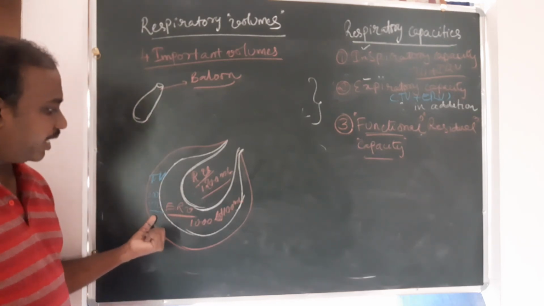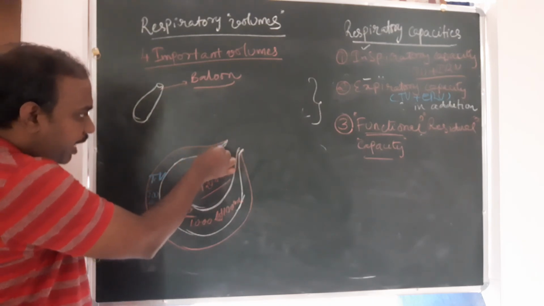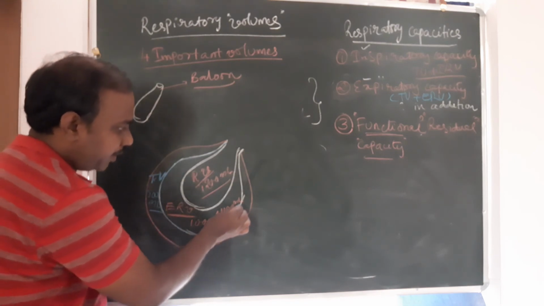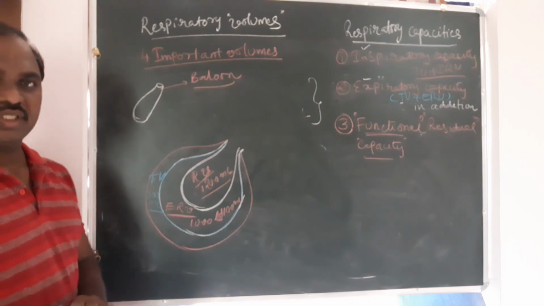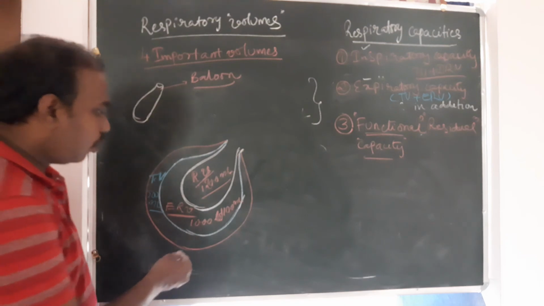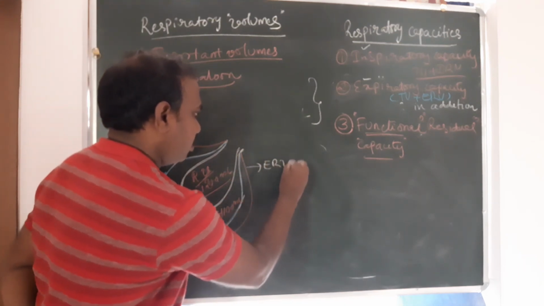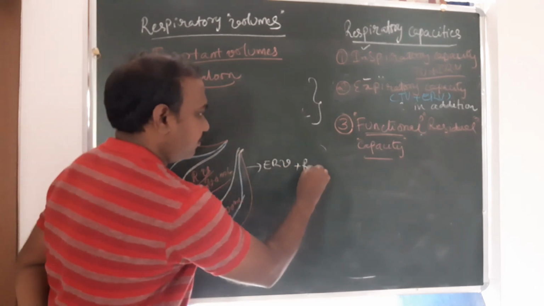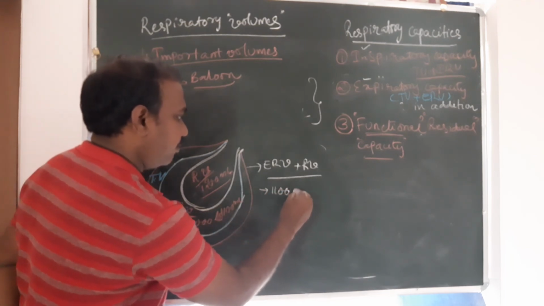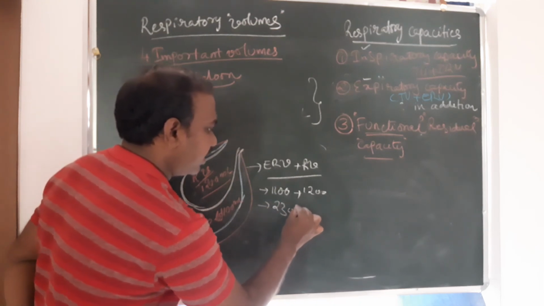You see, why did I take the tidal volume here? Because it shows the air that is always present in the lungs during the quiet time. That is ERV plus RV, so 1100 plus 1200, 2300 ml.